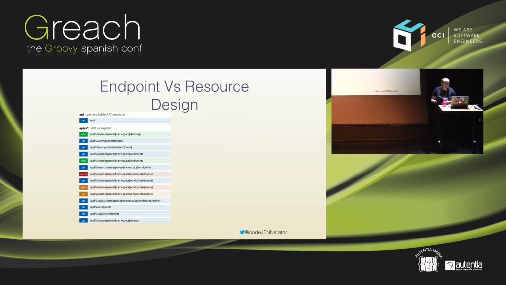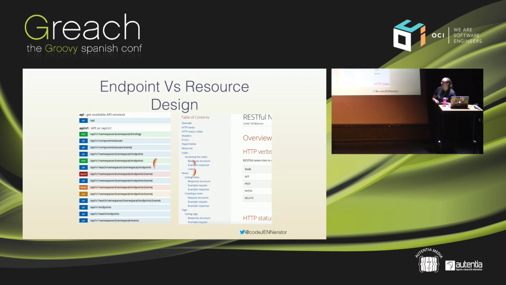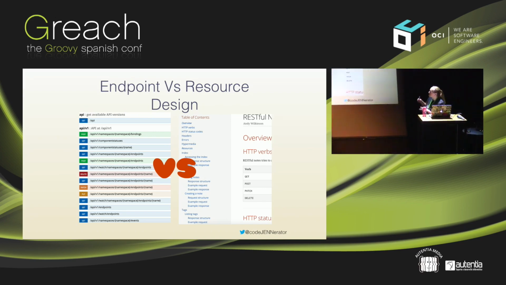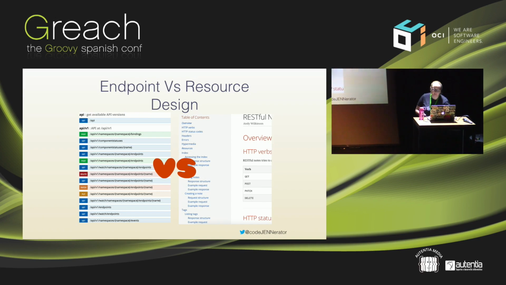And then on the right is an example doc from the Spring RESTdocs project. On the left, we can see that everything is sorted by its URLs, by its resource names, and then by the endpoints, and the one on the right is more resource-based, and you get subsections, and things are grouped together in a different way.